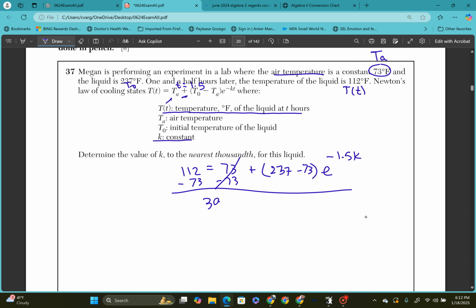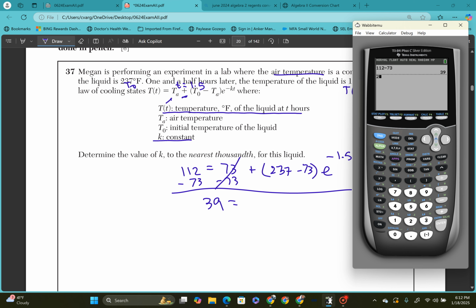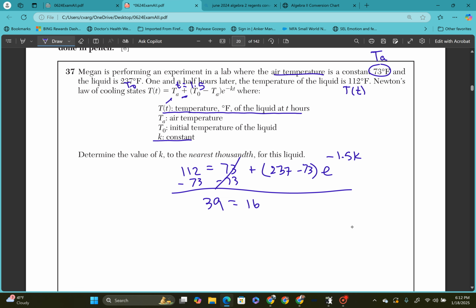So I have 39 is equal to 237 minus 73, which is 164. So I have 164 e to the negative 1.5k. Let's get rid of that 164. Divide both sides by 164. Cancels. So I get 39 over 164.